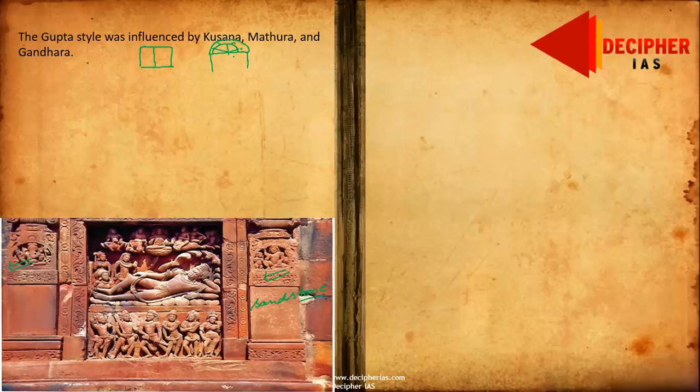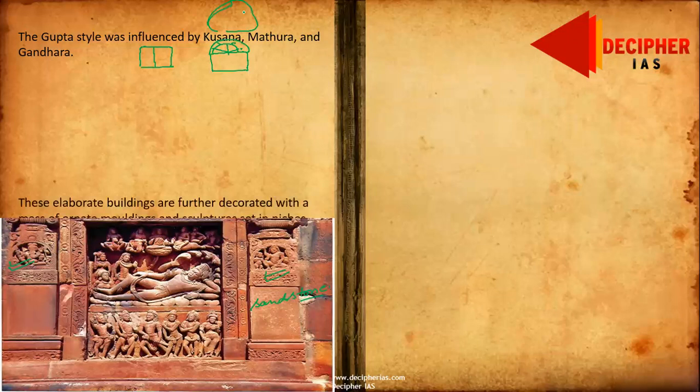So this was also developed during the Gupta era. The temple, apart from having these gavakshas at the entrance, also had shikharas, which were also highly decorated, and they were topped with a ribbed disc ornamentation known as amalaka. I'll be showing you one such specimen later on in the slides.